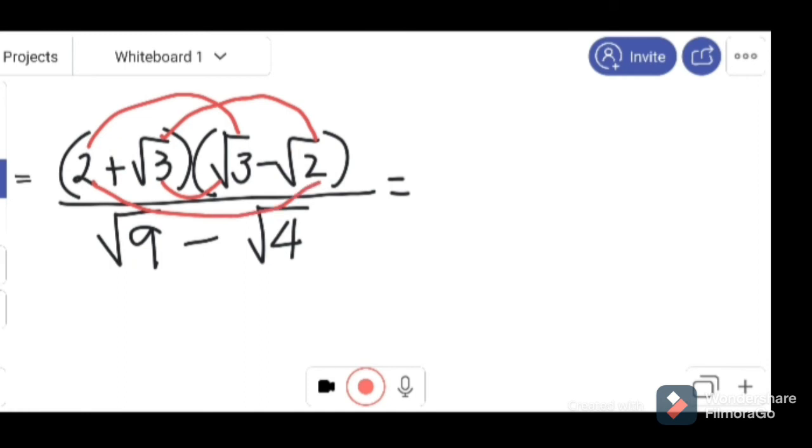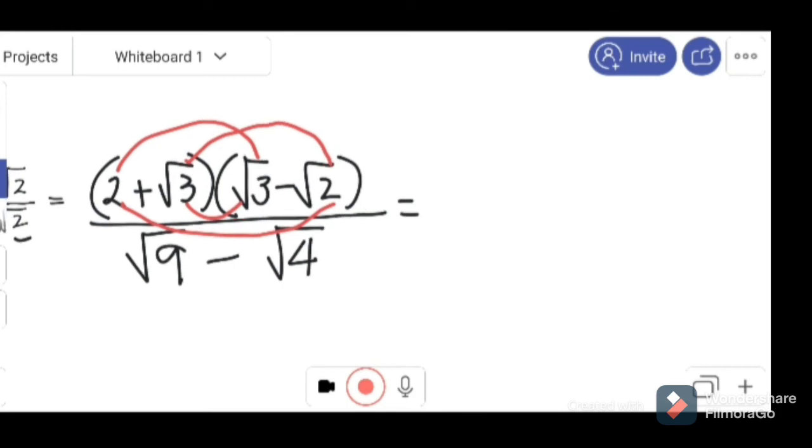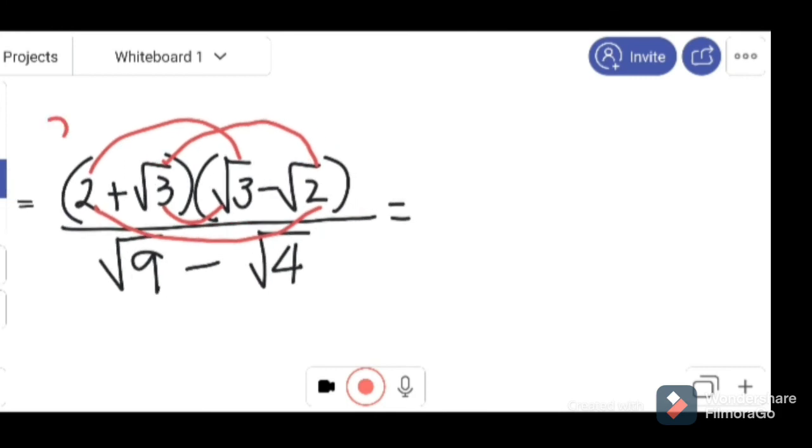So, 2 times square root of 3, that would be 2 square root of 3. And here, square root of 3 times the square root of 2 is the square root of 6. Should be minus. Okay? And then the inner, square root of 3 times square root of 3, that would be square root of 9.